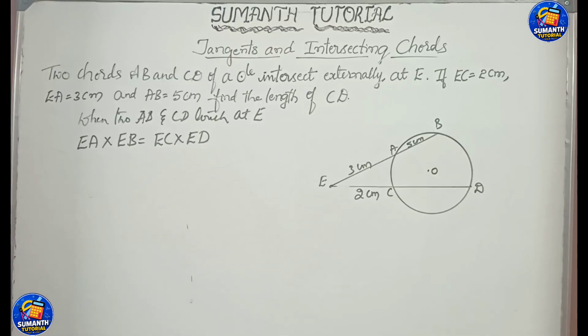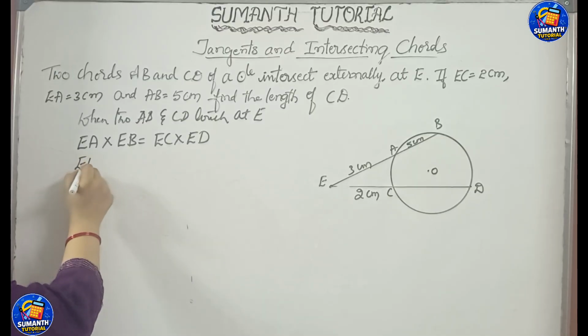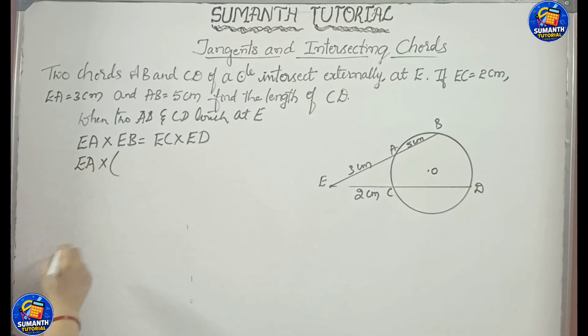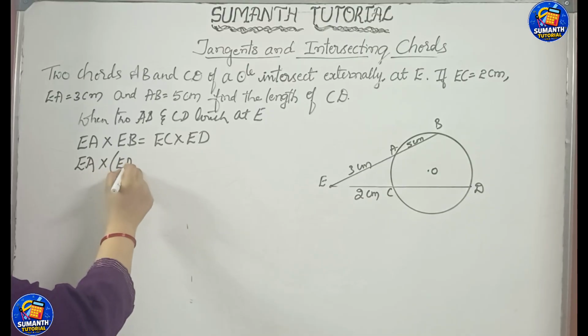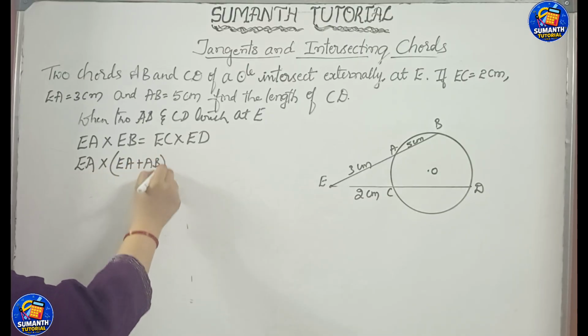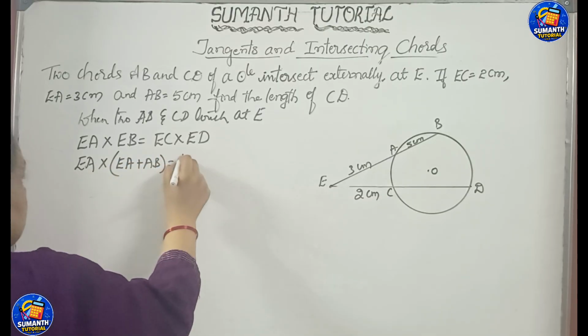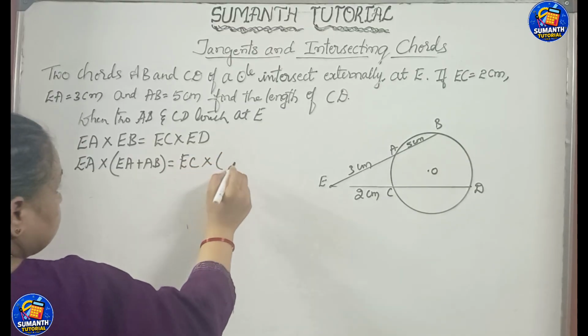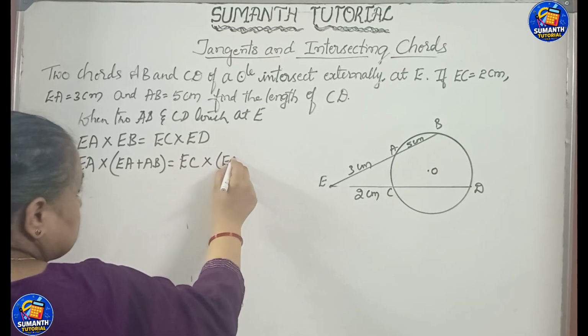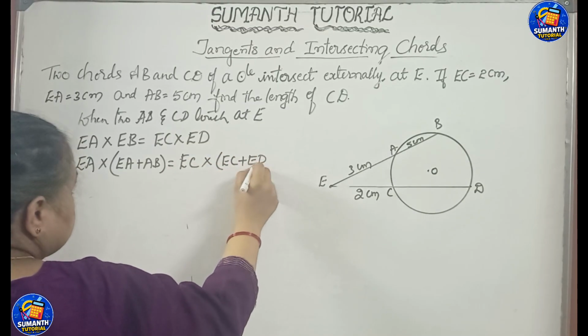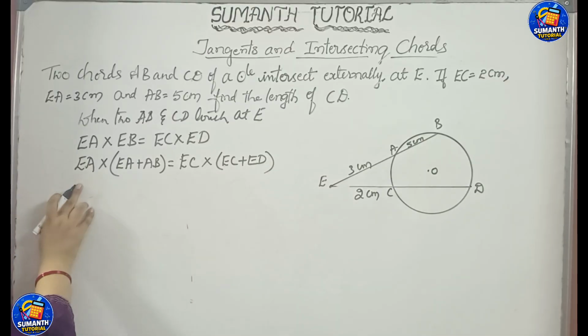Okay. So by this, what is EA? As it is, I write EA into EB, where EB is the sum of EA plus AB, is equal to EC into EC plus ED. Now, what is EA length given?